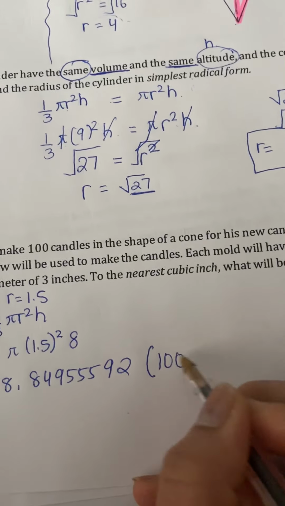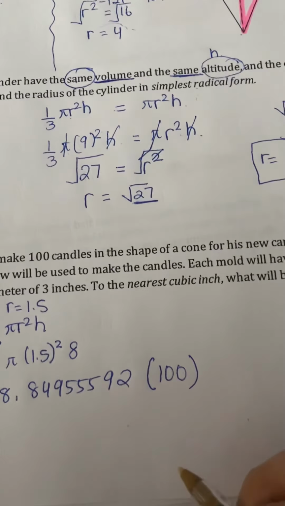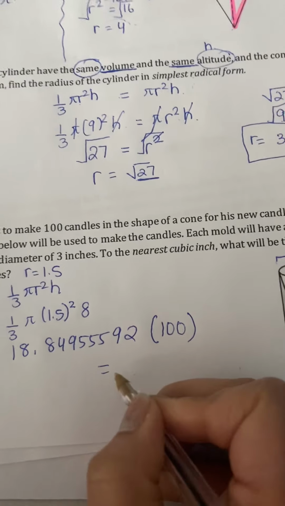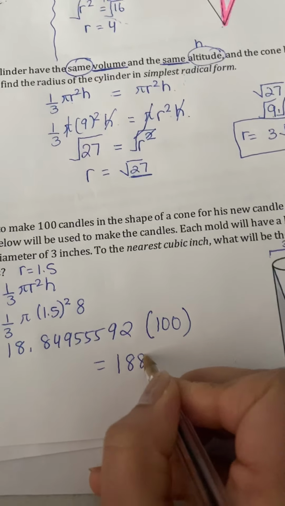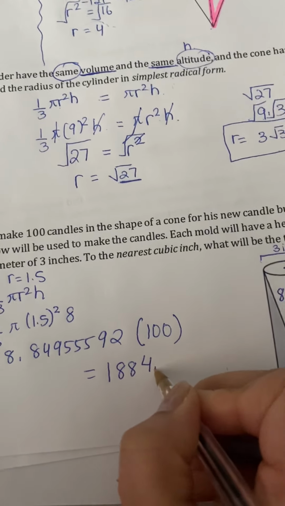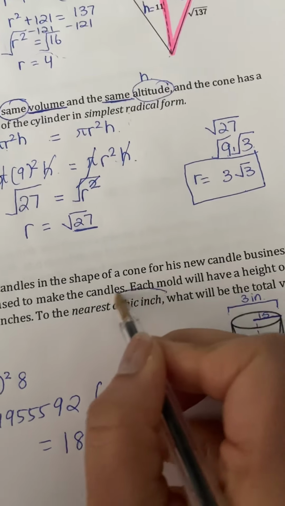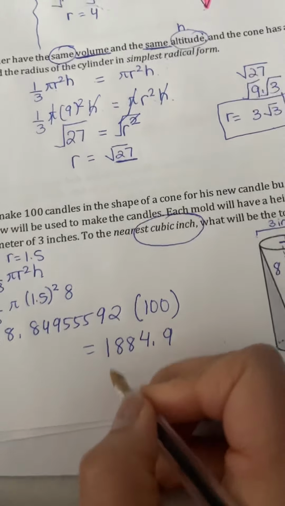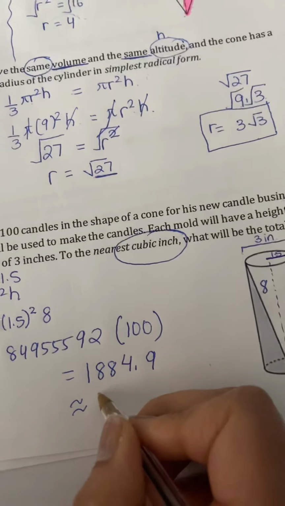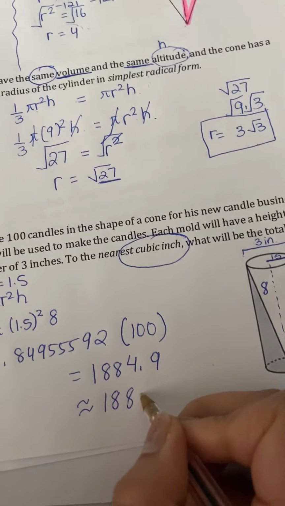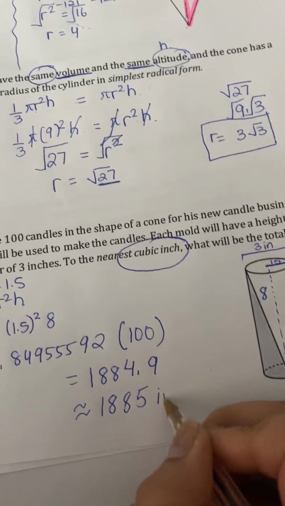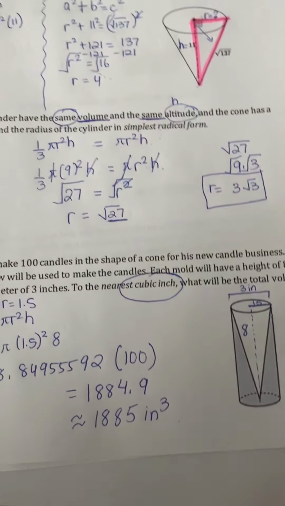Multiply this by what? 100, because we're working with 100 candles. And what do you get? It is 1884.9, right? And it's said to the nearest cubic inch. So it's going to be approximately how much? 1885 cubic inches. And that's it.